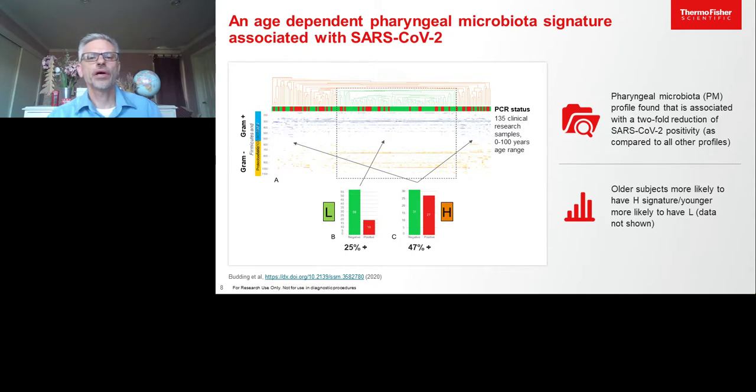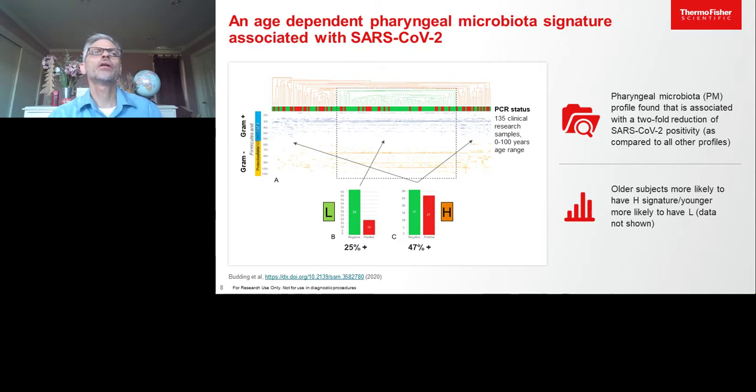They examined 135 different clinical research samples from people ranging in age from the very young to the very elderly, in this 0 to 100 age range, and they used the IS-pro assay to profile DNA isolated from these nasopharyngeal swabs.